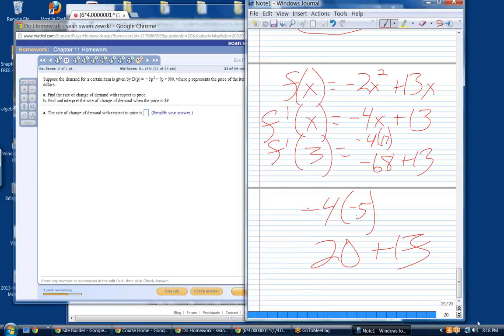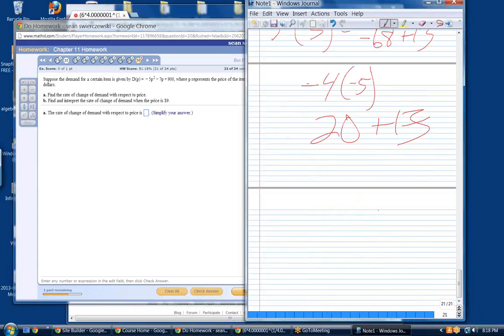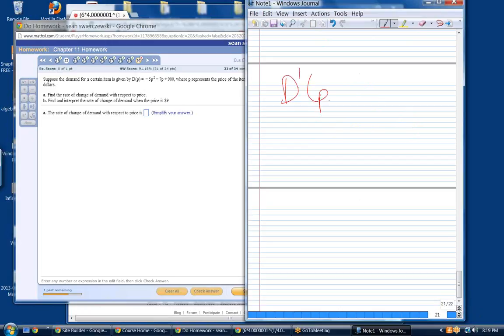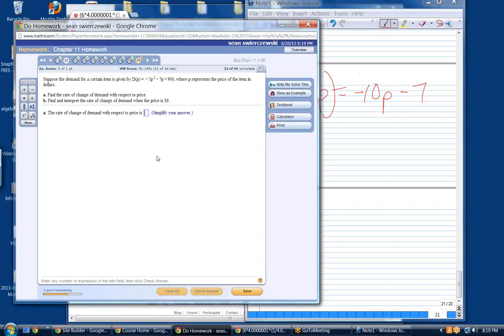Okay. When they say find the rate of change relative to price, they're saying find d prime of p. So what is that? So it would be negative 10p minus 7. Negative 10p minus 7?